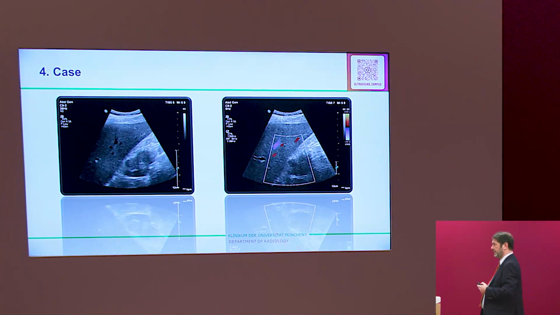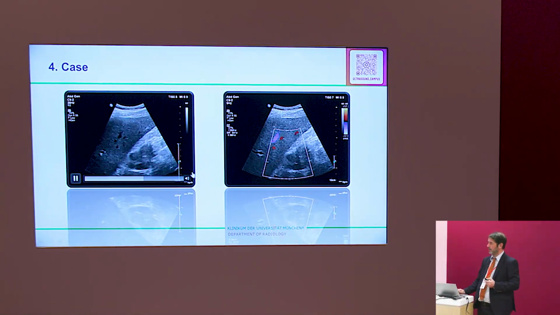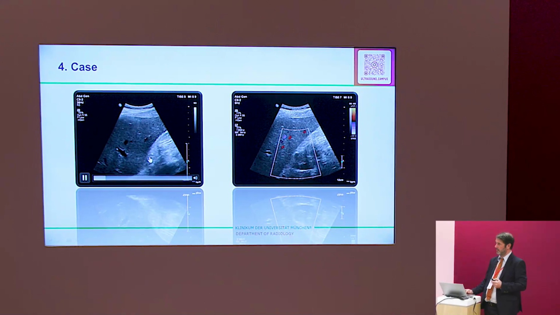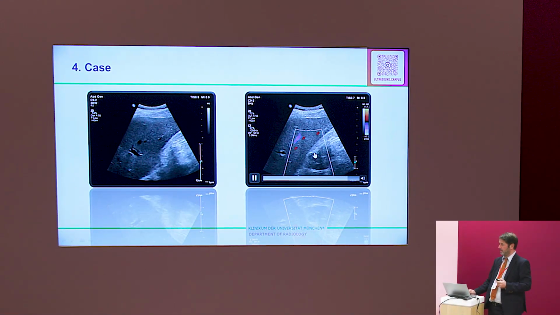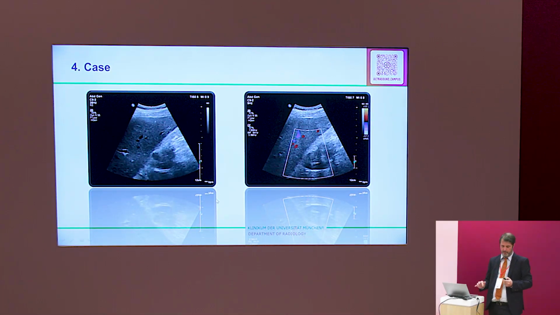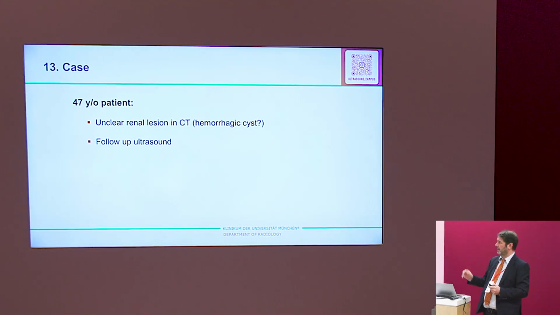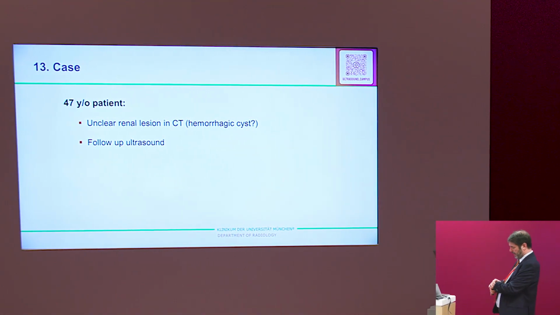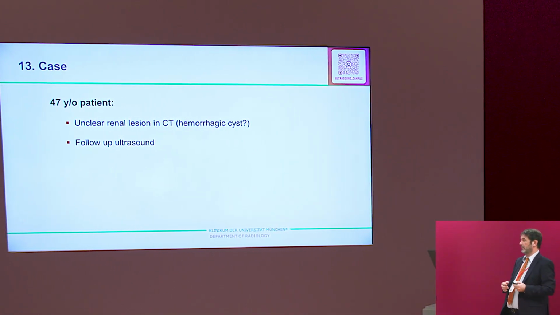Also here, CT detected a small lesion. There is a small lesion also seen in the grayscale or color Doppler. Even here, we could not see flow. In CT, they describe, is it maybe a hemorrhagic cyst, or what is it?